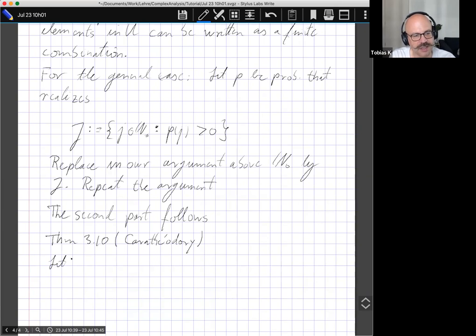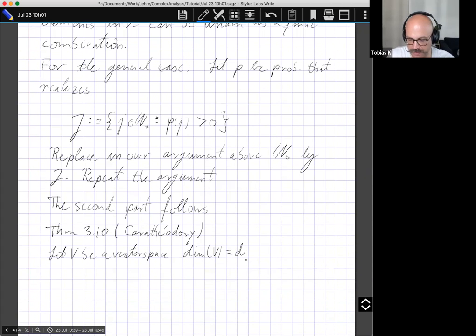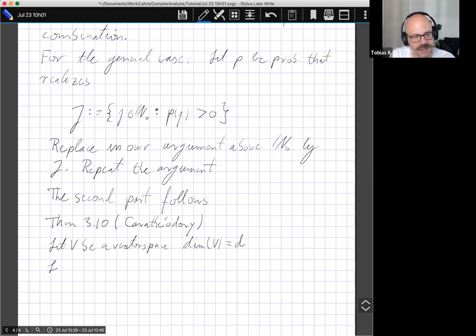So let V be a vector space, and the dimension of V, this is a finite dimensional theorem, is called D. Now I have a family of vectors v_i, i element of I. Now, if I have a v in the convex hull of these vectors, so v is a vector which I can write as a convex combination of these vectors v_i.